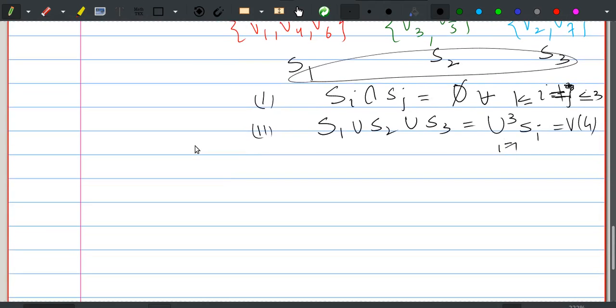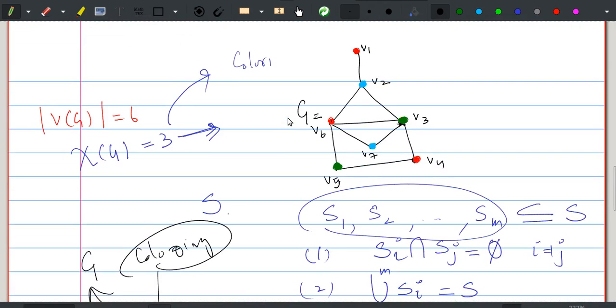So let us make this an observation. Let us call this observation 1. One can note here that the chromatic number of G was 3.